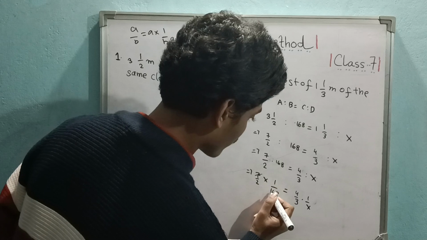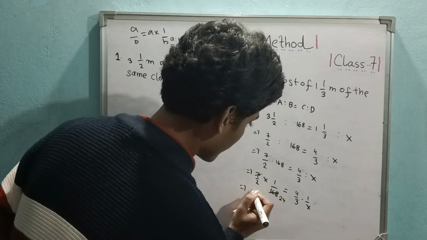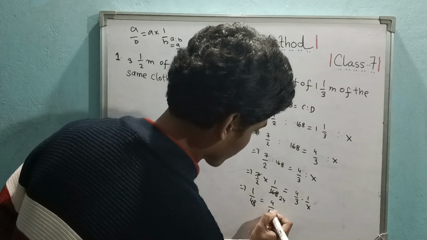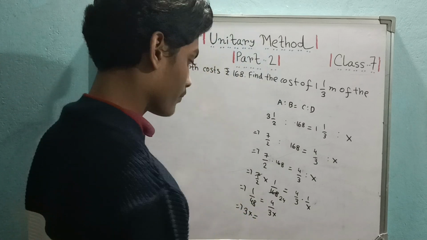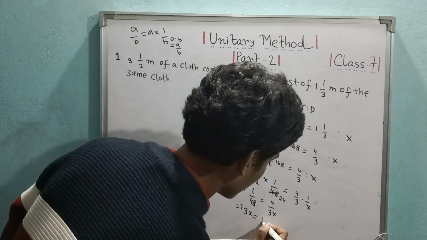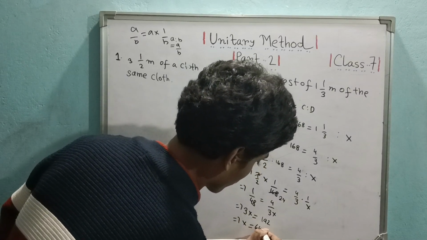Then just do this. This is 1 by 48 equal to 1 by 3x, or 3x equals 48, or x equals 64.